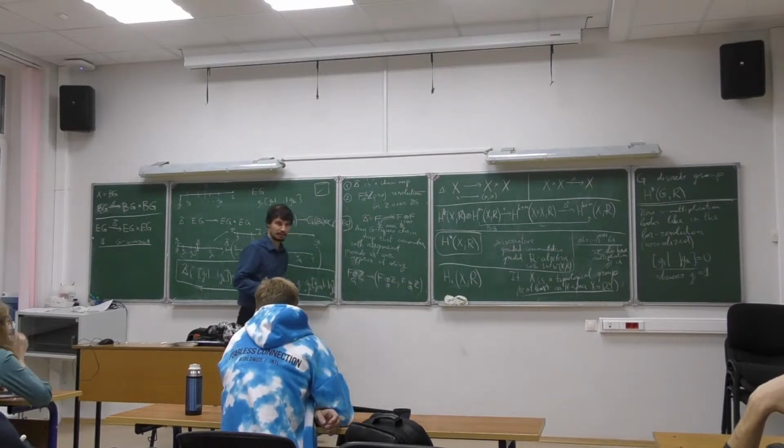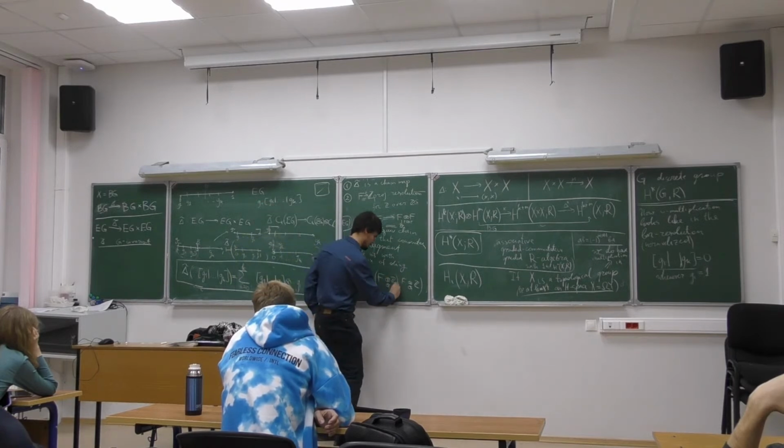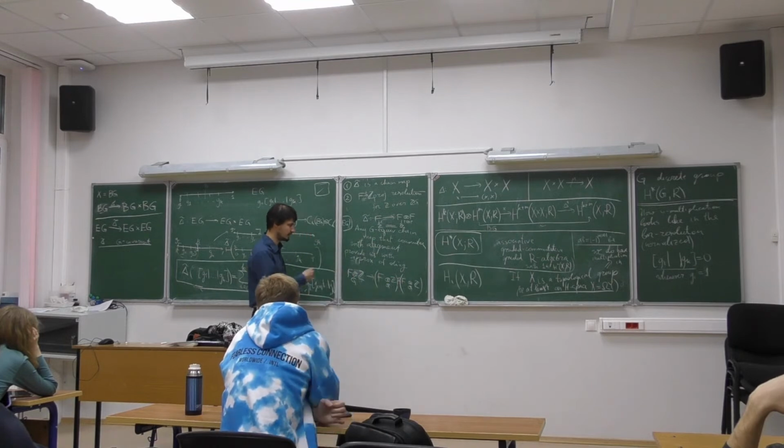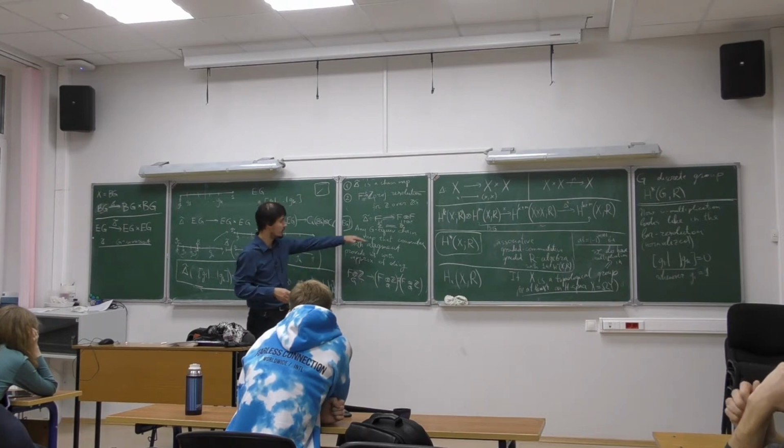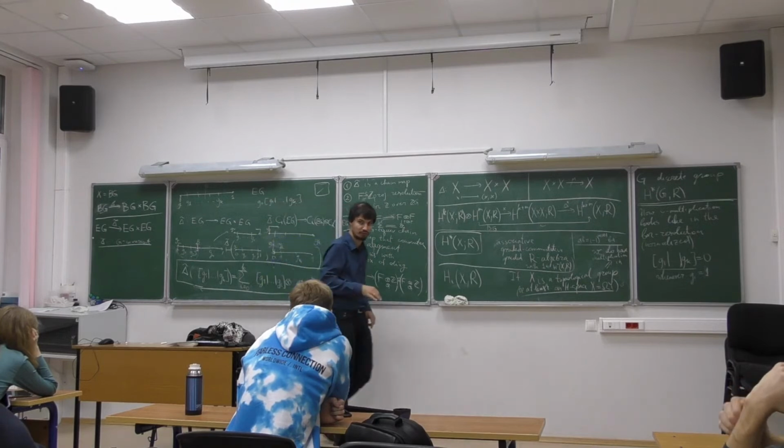And hence, sorry, here we have a tensor product. And hence, it provides the right multiplication in cohomology. All such chain maps give the same multiplication in cohomology.